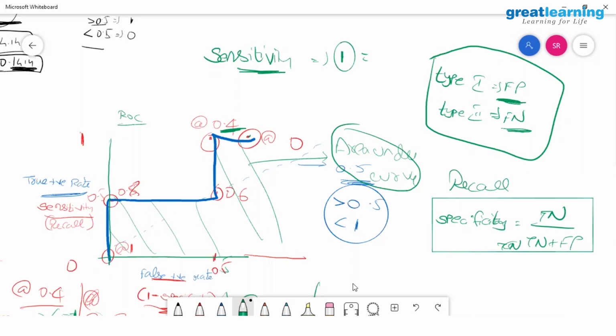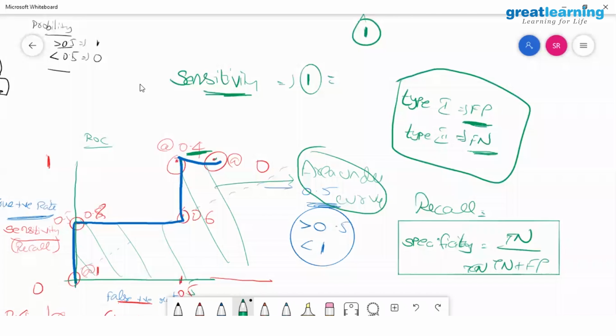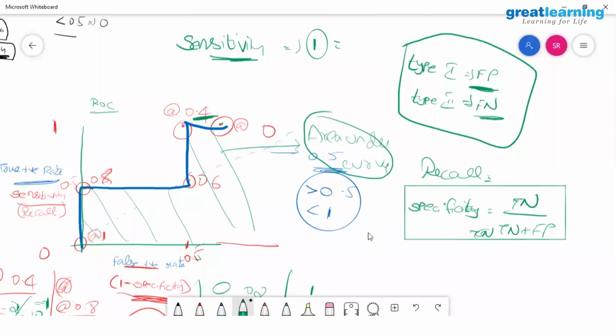So if you are more specific on the target class as 1, the minority class, that is where this ROC and AUC will be of much use, right? It will not be of much help when I'm going to do the specificity here.